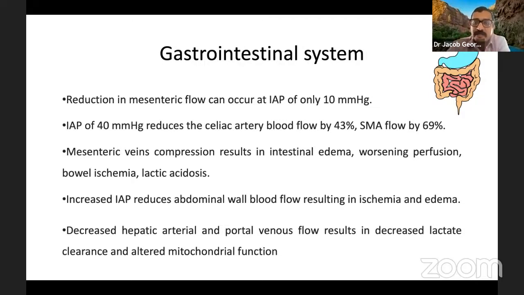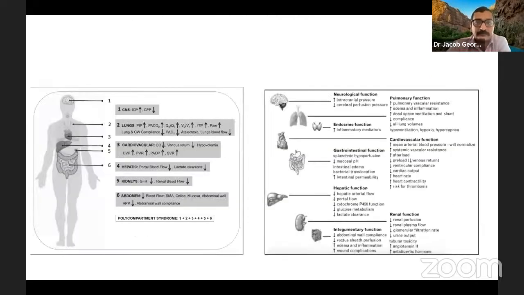It will also result in an increase in abdominal wall blood flow, resulting in muscle edema there, and that also splints the body, causing again an increase in intra-abdominal pressure. There is an associated decrease in hepatic arterial and portal venous flow, so that there is a reduction in lactate clearance and altered mitochondrial function.